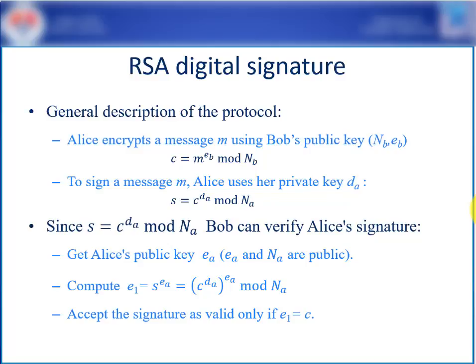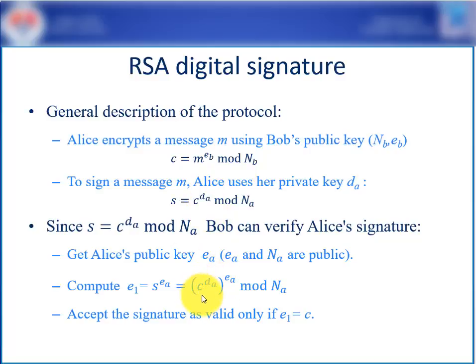Bob can verify Alice's signature since he knows her public keys E_A and N_A. He can raise this signature which was received from Alice to E_A, and we know that the signature is obtained using her private key.